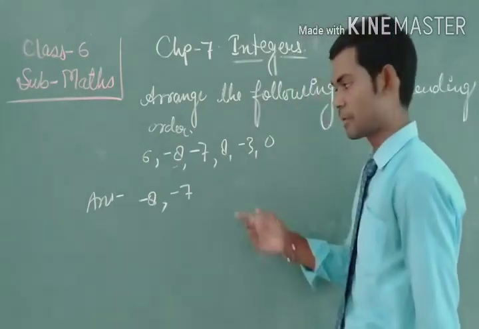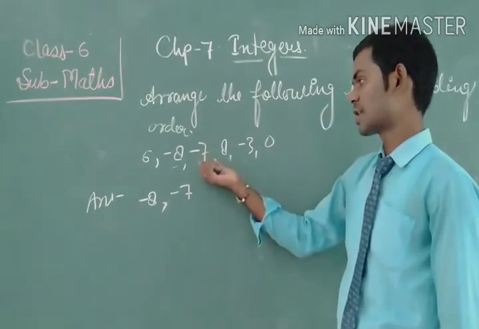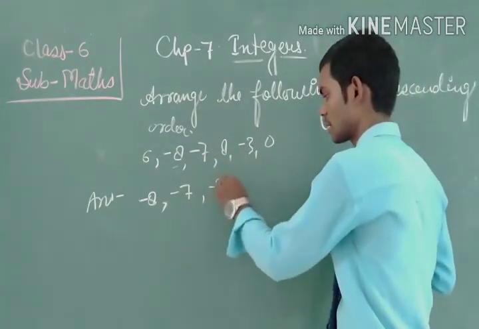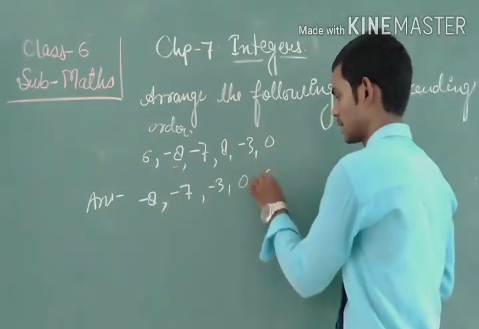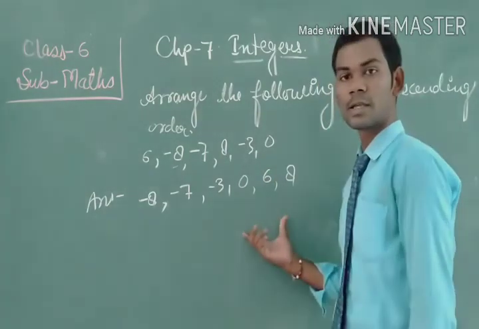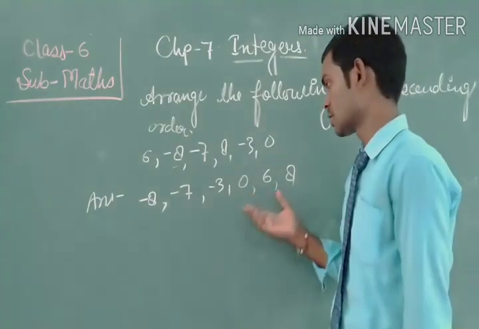In the next we can see that minus 3 is just after minus 7, therefore this will be minus 3, and now the next is 0 and 6 and the last is 8. So this is the increasing order or ascending order of the integers as given here.